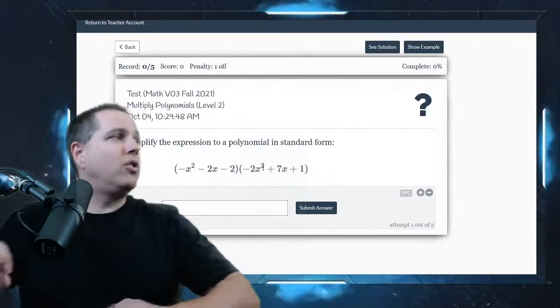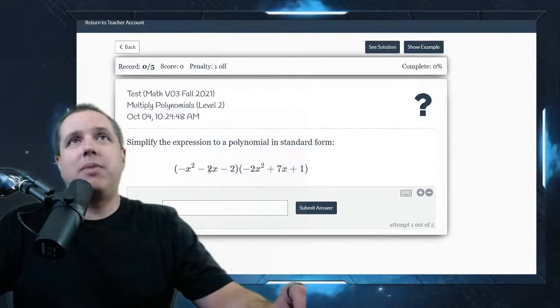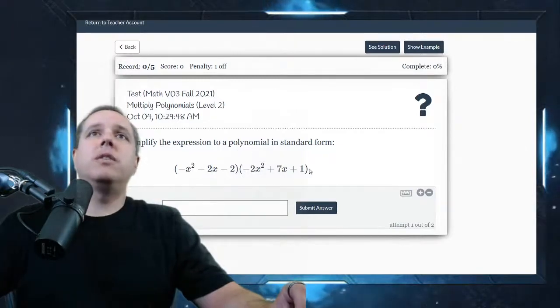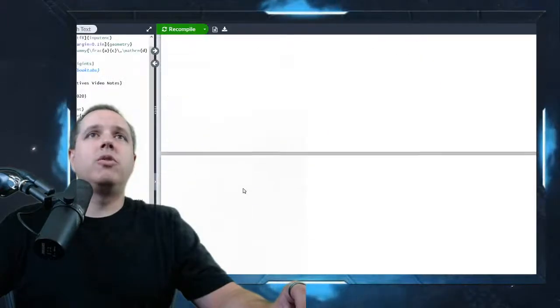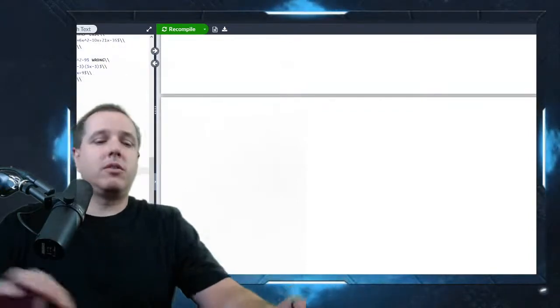And usually the way that people like to organize these is to pick a term from your first polynomial, multiply it by everything in the second one, then go on. So let me see about copying this. Let's go to a new page. I don't need it to be large.